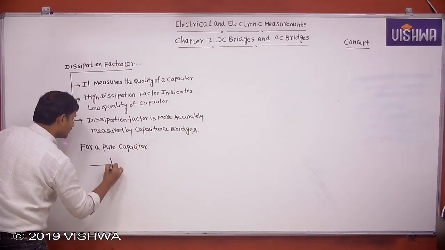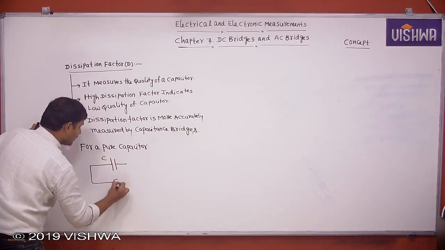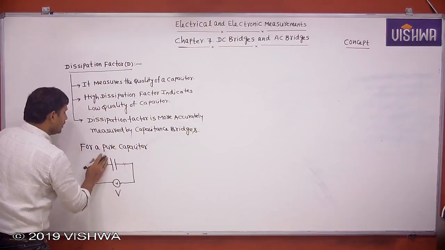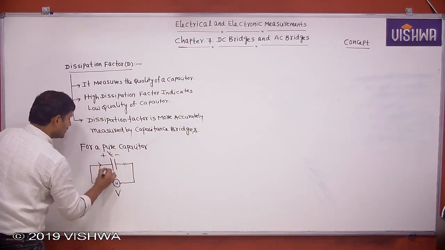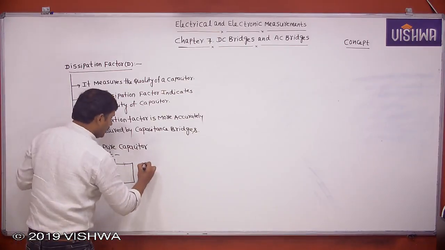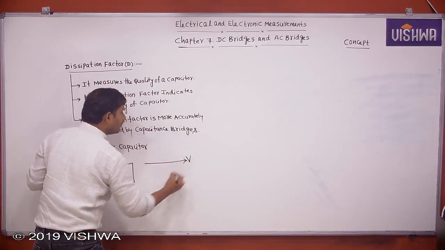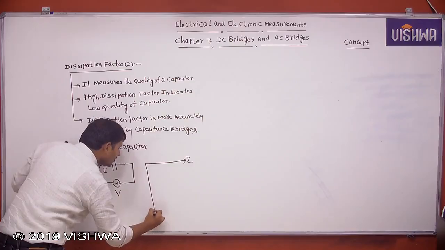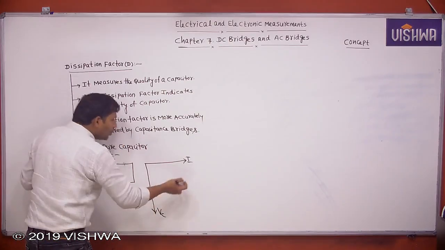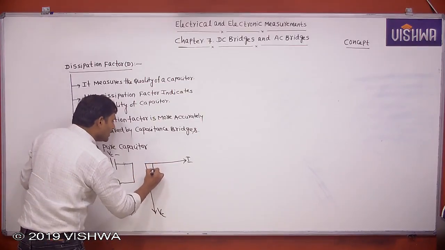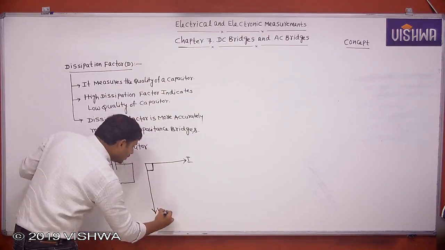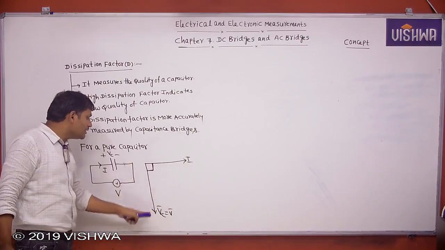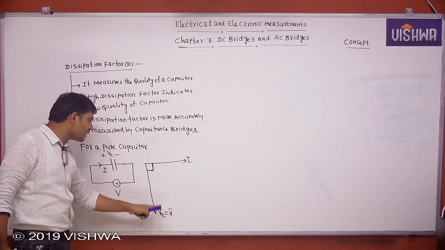Let this be C, and the supply voltage is V. Let the voltage across the capacitor be Vc, and let the current be I. For a pure capacitor, the current leads the voltage by an angle of 90 degrees, that is, the voltage across the capacitor lags the current by 90 degrees.